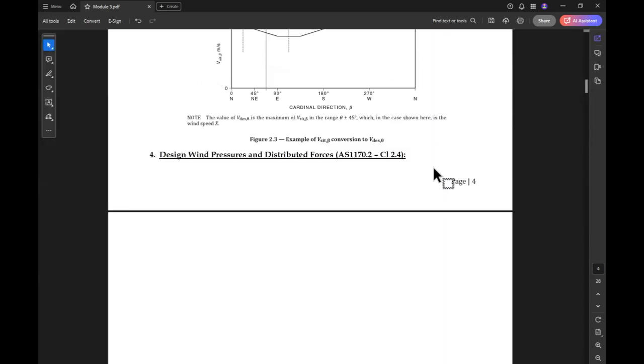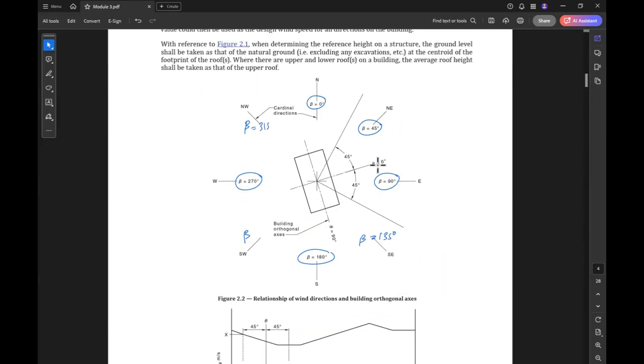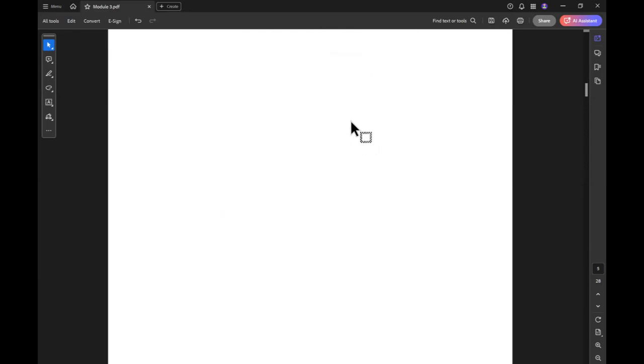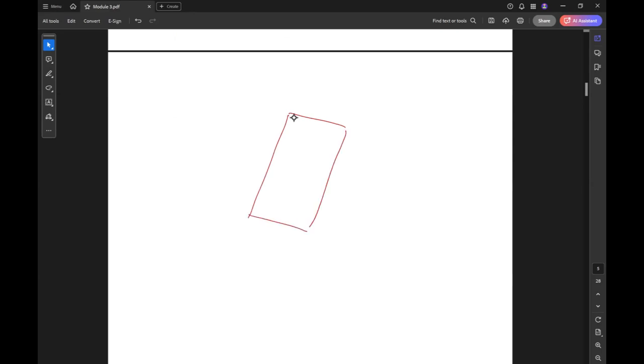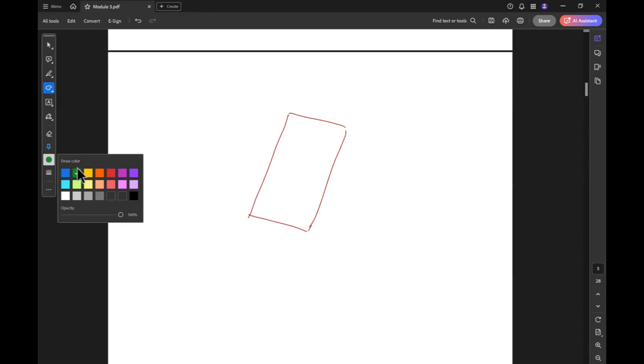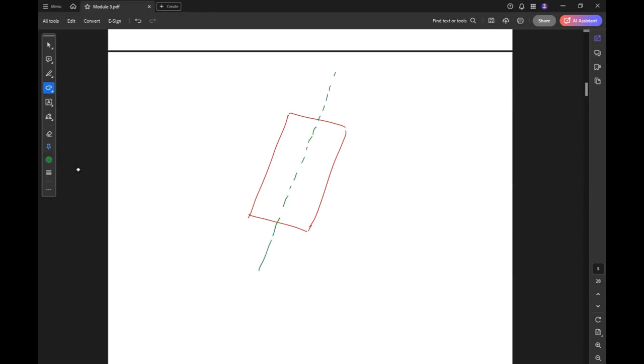So if we look at the directions here, for example, if we have a building with an inclination like that, this is the axis of the building.